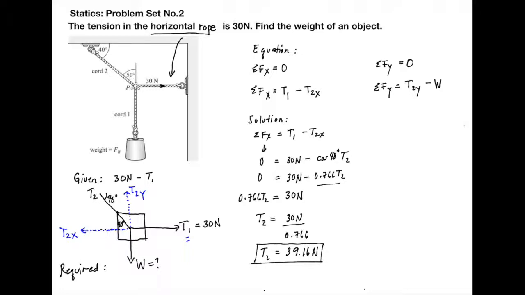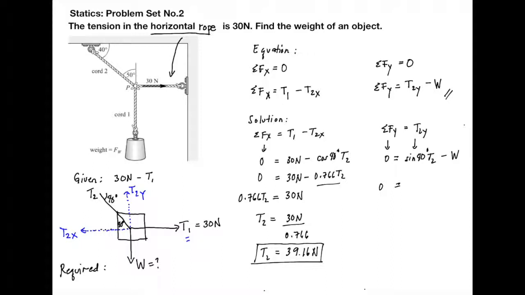Next, how about the value of our weight? Now, we could have this equation now. The summation of Fy is 0. The value of the T sub 2y is sine of 40 degrees times the T2 minus the weight.